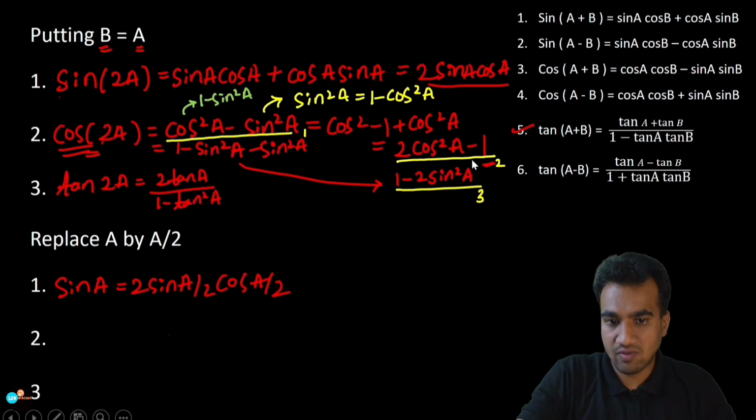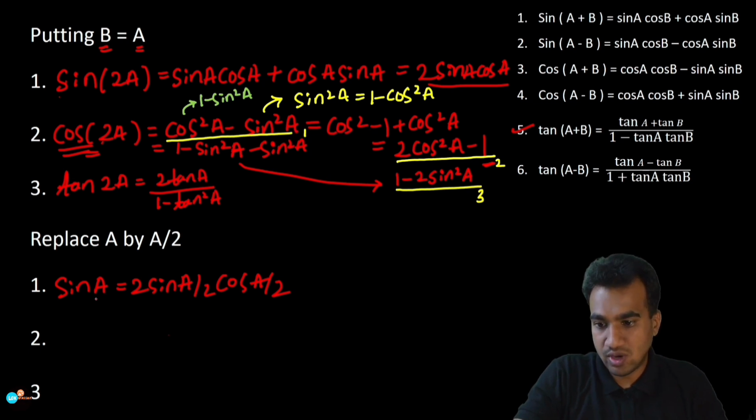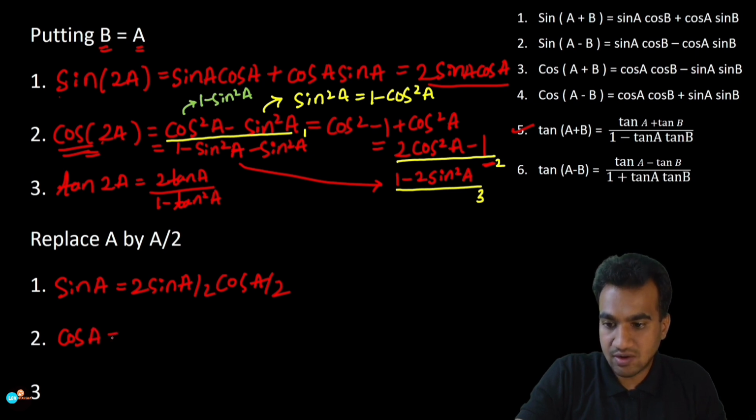Let me replace a by a by 2. You will get cos 2a by 2, that gives you a itself, equal to cos square a by 2 minus sin square a by 2. So this is the one.